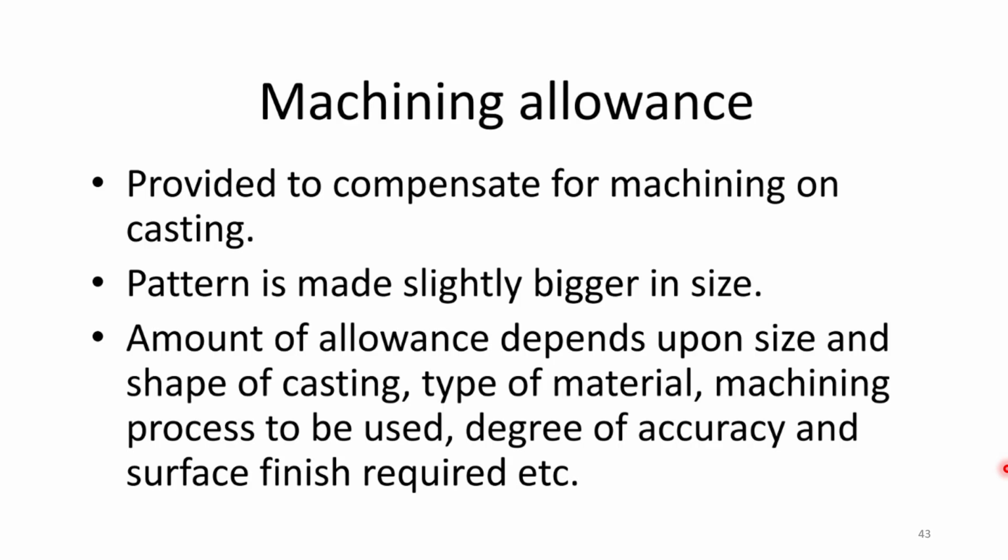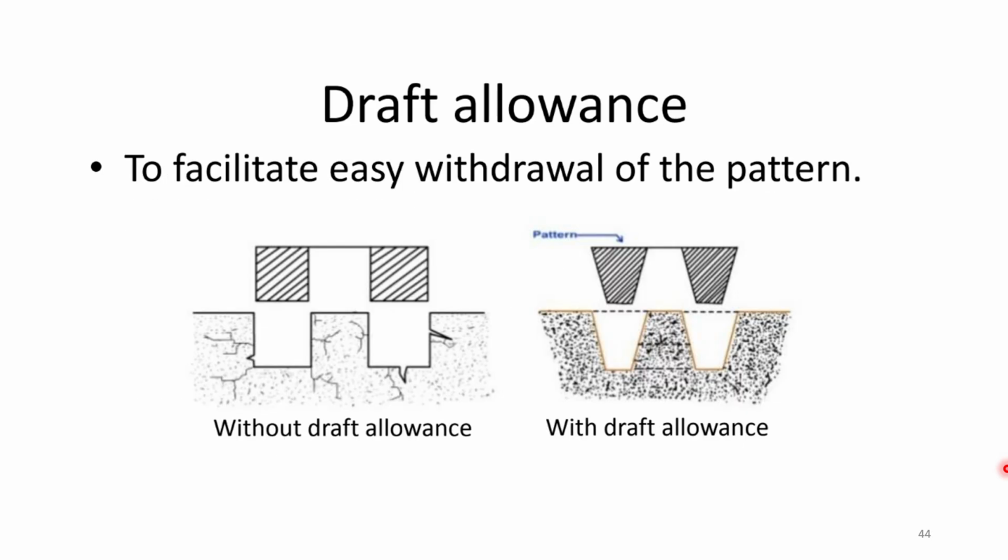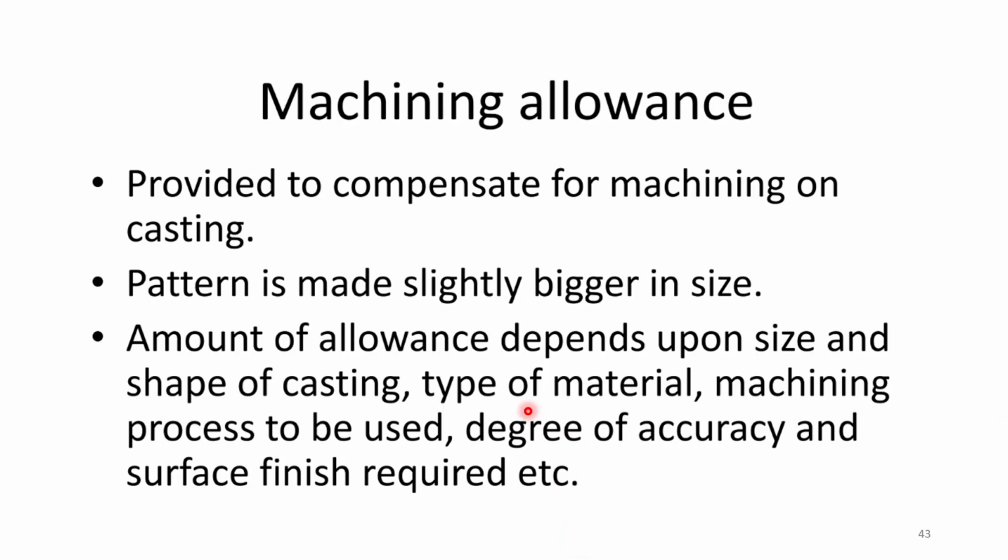For machining, you will be removing some of the material from the surface. So that material should be counted in case of making the pattern. Your pattern will be made slightly bigger than the exact size that you require for the final product after machining. The amount of allowance depends upon the size and shape of casting, and also on the type of material.